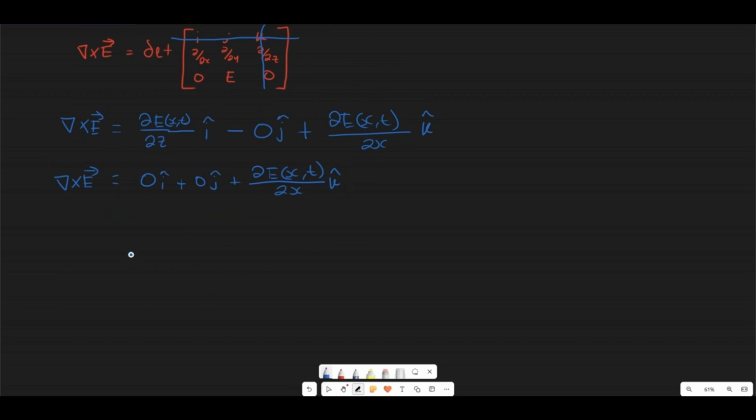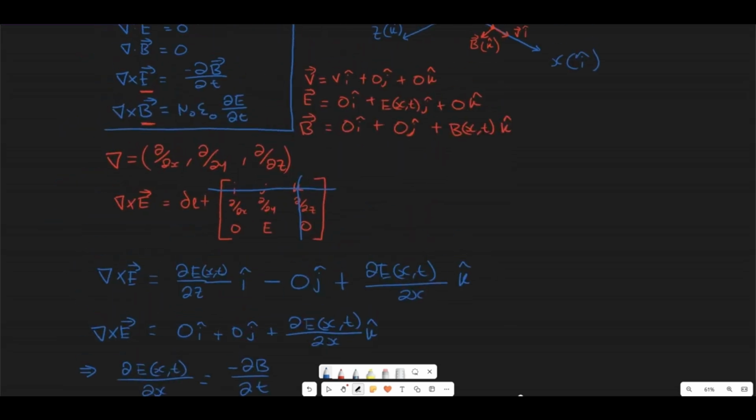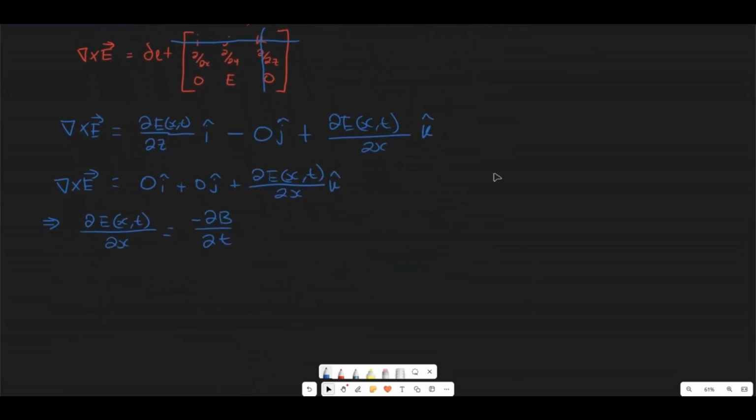So now let's write that it follows that partial E of x,t by partial x is equal to minus partial B by partial t. And we can call this our very first equation, equation 1.